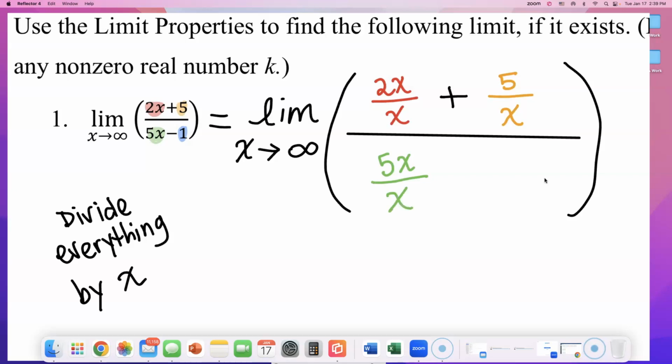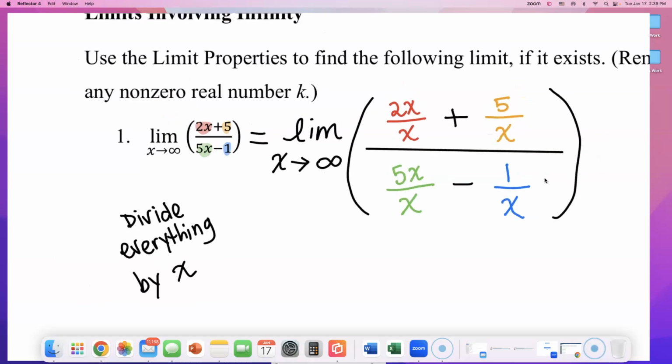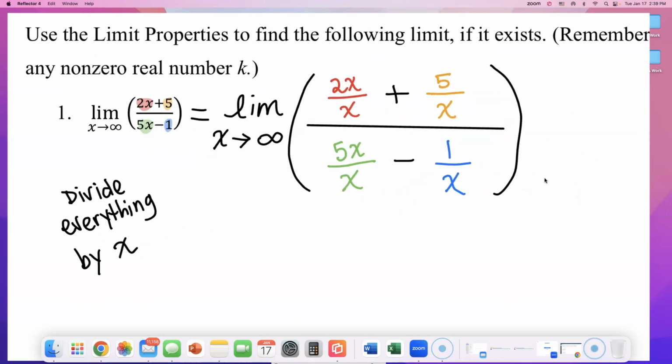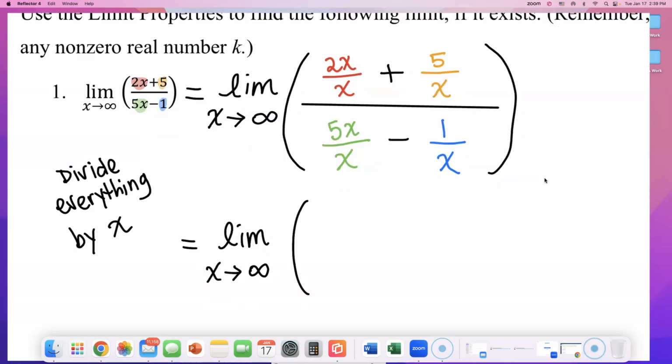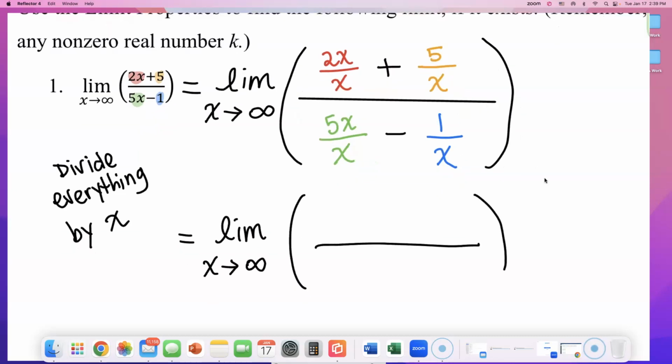Almost done. Minus, we used to have that -1 there, but now that's going to get divided by x. So everything is getting divided by x. I'm going to now simplify this. Let me keep on writing this limit. We're not done evaluating it, so you need to keep on writing this. Now, if you look at the top of the fraction, look at the red.